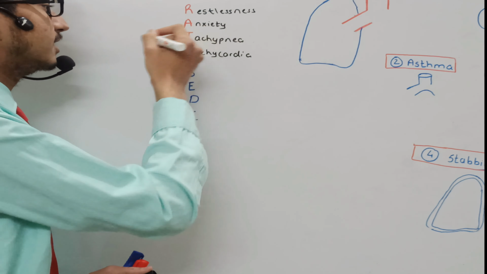But let's assume that we are moving towards a higher level, that is high altitude. Let's suppose we are climbing a high mountain. What happens there? The partial pressure of oxygen gradually starts decreasing, and let's suppose it reaches 110 or 120 millimeter of mercury. What happens here?